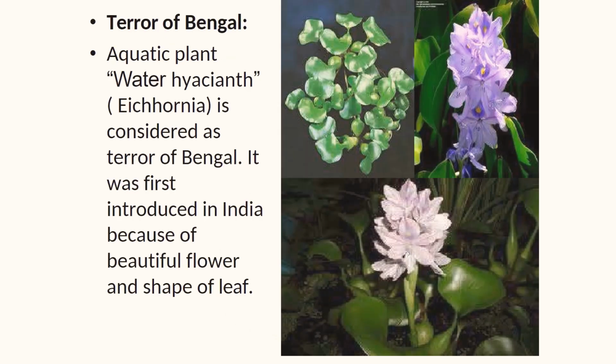Do you know which plant is called the terror of Bengal and why? The aquatic plant known as water hyacinth, its name is Eichhornia also, is considered the terror of Bengal. It was first introduced in India because of its beautiful flower and shape of leaf.